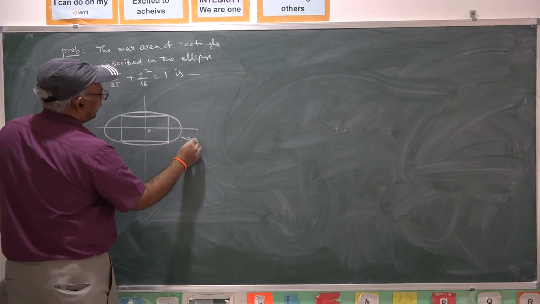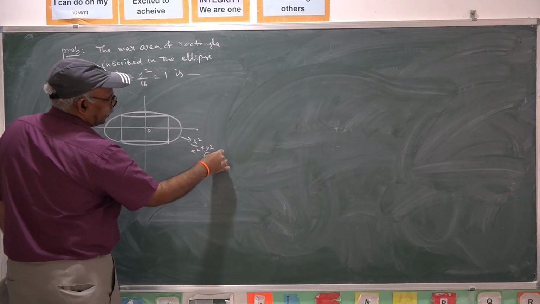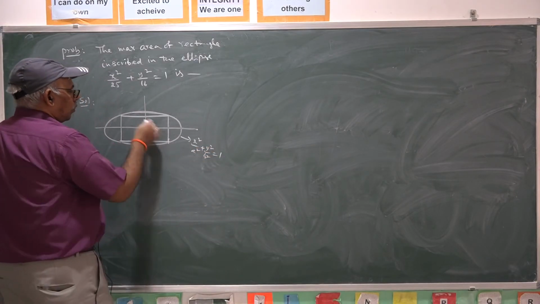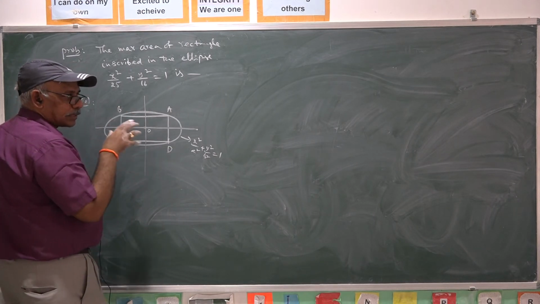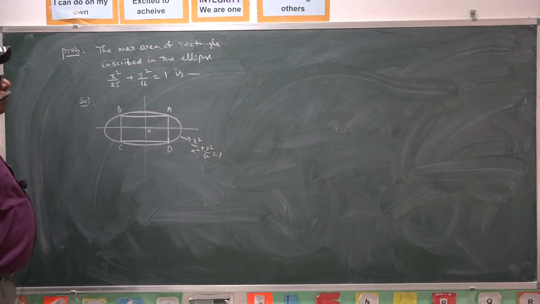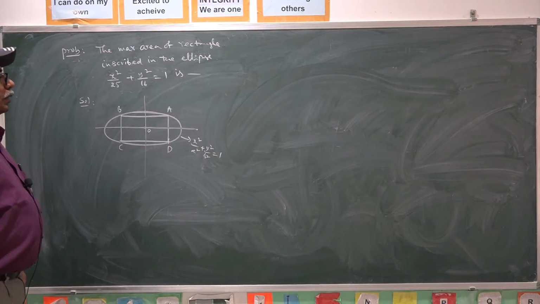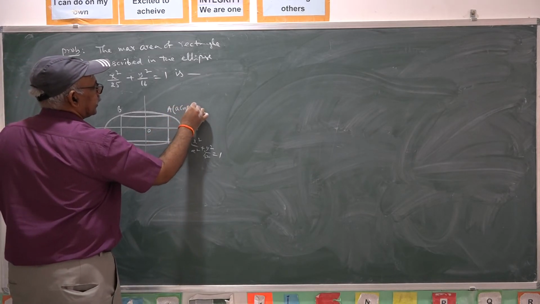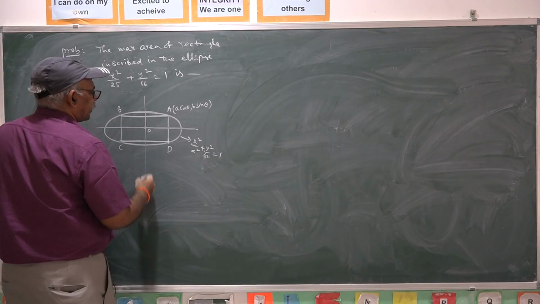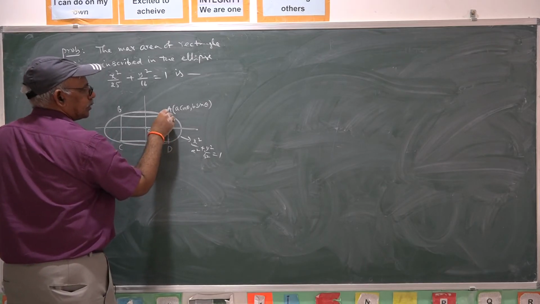This is x square by a square plus y square by b square equal to 1, a general ellipse. Let ABCD be the rectangle inscribed in the ellipse. Let us consider this point as a cos theta, b sin theta. That means this distance is a cos theta, this distance is b sin theta.